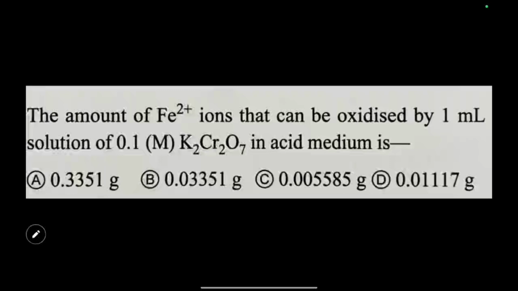A particular amount, particular concentration, particular volume of potassium dichromate is given. From that you need to find out how much ferrous ion will be oxidized from the given amount of K2Cr2O7. Now let's start solving the sum.